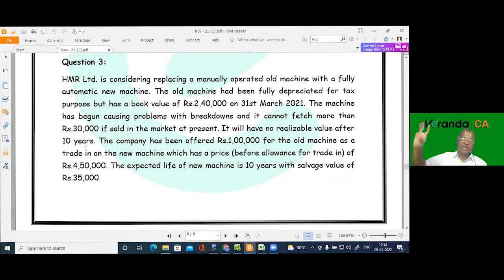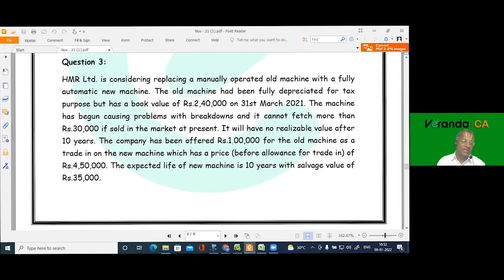If I use it for 10 years, I will not get any amount of money. The company has been offered 1 lakh for the old machine as a trade-in, that is, an exchange. For the exchange program, the company supplying the new machine is prepared to take it at 1 lakh. If you want to sell it in the outside market, they will take only 30,000. So the cost of the new machine is 4,50,000 without the exchange offer.